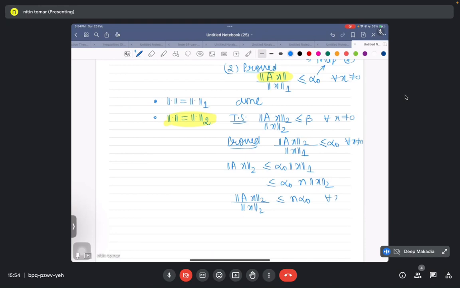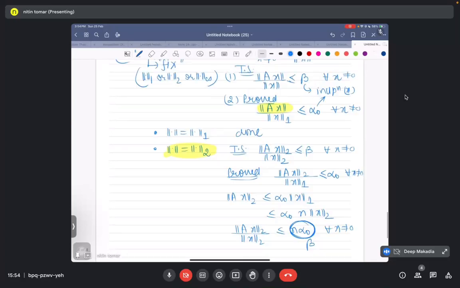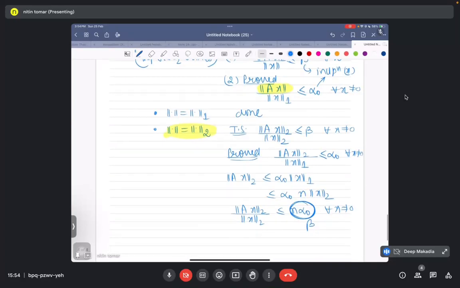For all x non-zero. And this is your beta, right? Because both are independent of x. And I am done. Correct? This is what I had to prove. And the same thing goes for the infinity norm also.